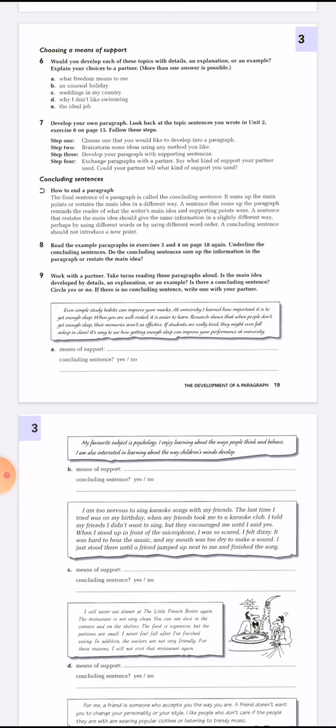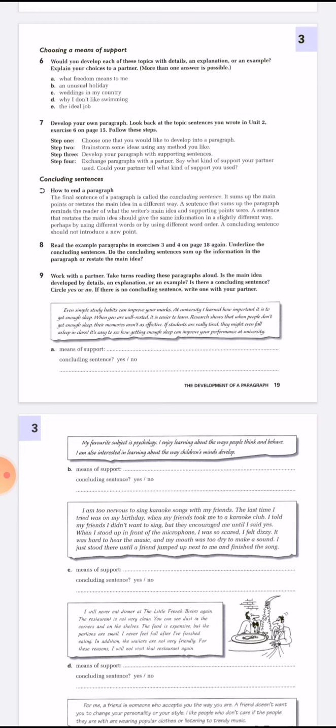يعني هي صياغة التوبك سنتنس بطريقة أخرى. يعني هي نفس المعنى ولكن صيغة بطريقة أخرى حتى تنهي الباراجراف. A sentence that sums up a paragraph. يعني reminds the reader what the writer's main idea and supporting points were.